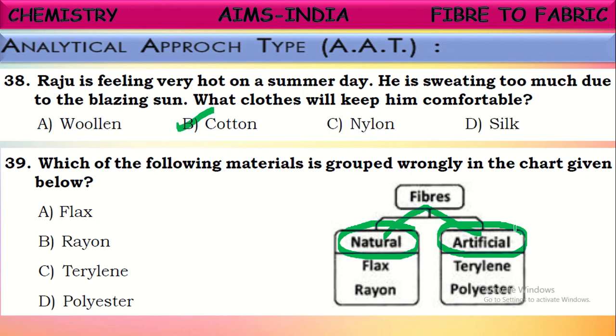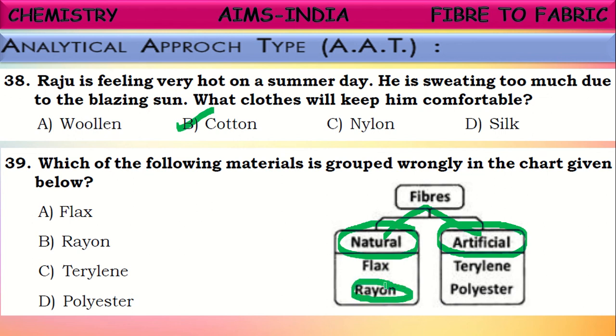And some are there artificial fibers, the fibers which are prepared in the laboratory. If you say some examples, terylene, polyester, isn't it? These all will come under artificial fibers. Now they're asking which fiber is grouped wrongly. See here, in the first group, natural fibers group, it is given rayon.